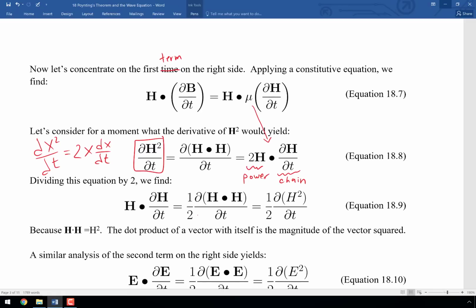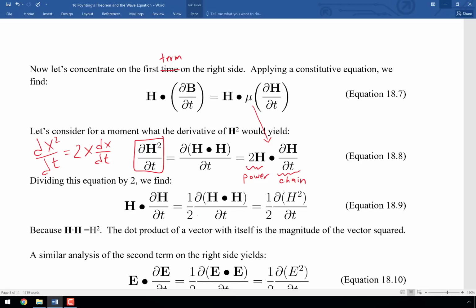So notice that what I can do then is take equation 18.8 and divide it by 2, the two right-hand terms. So I have H dotted with dH/dt is equal to 1/2 times the partial derivative of H dot H with respect to t, and H dotted with H is no longer going to be a vector.